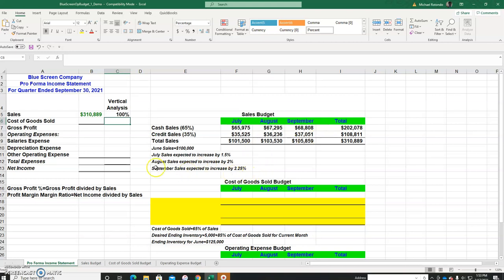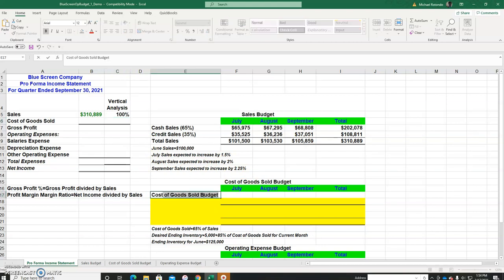Now, the cost of goods sold budget would be our next step.